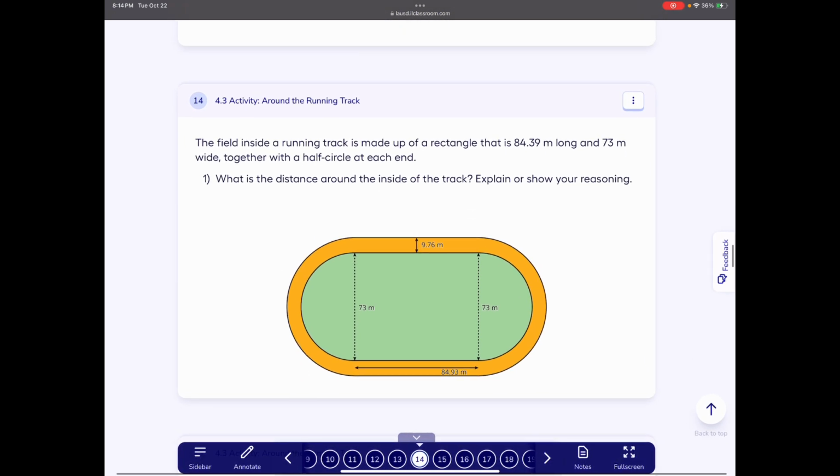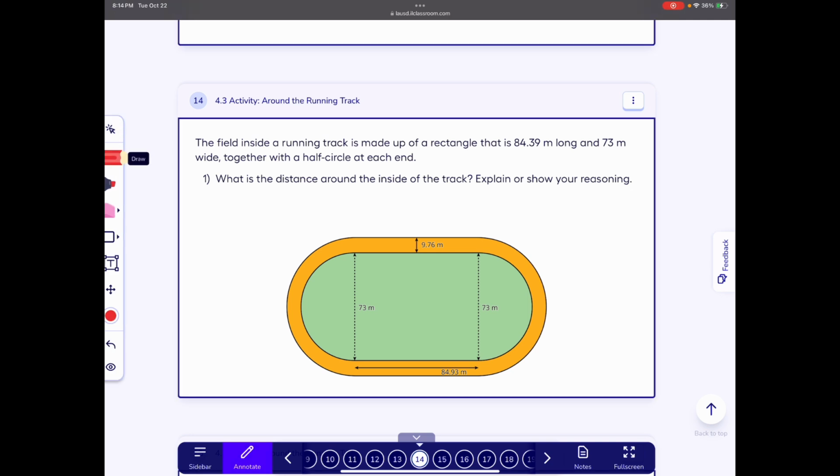Here's a running track, and it says the field inside a running track is made up of a rectangle that is 84.93 meters long and 73 meters wide, together with a half circle at each end. So that is quite a mouthful, but if you take a look at the running track, you can see that it is a circle split in half with a rectangle in the middle.